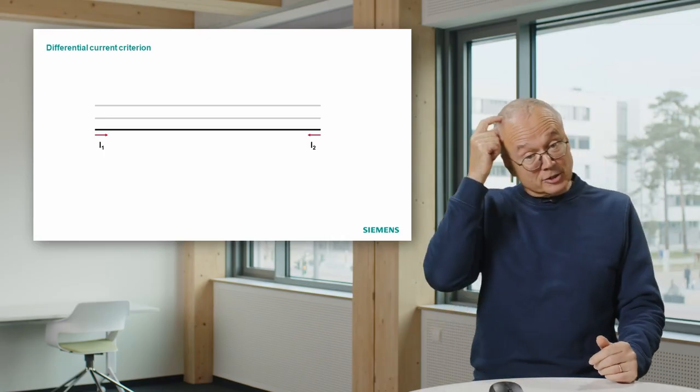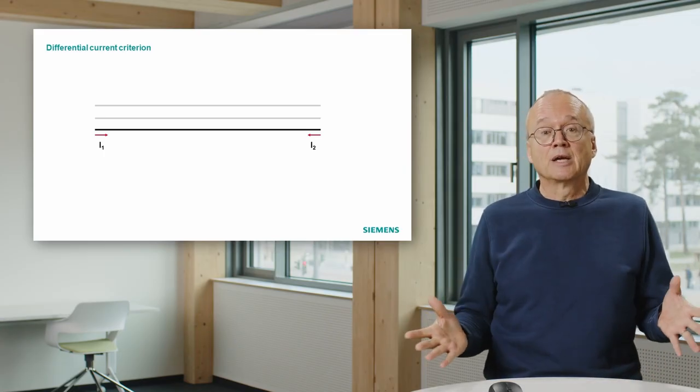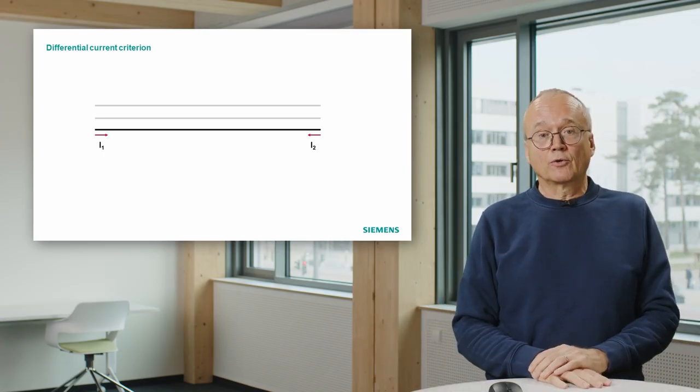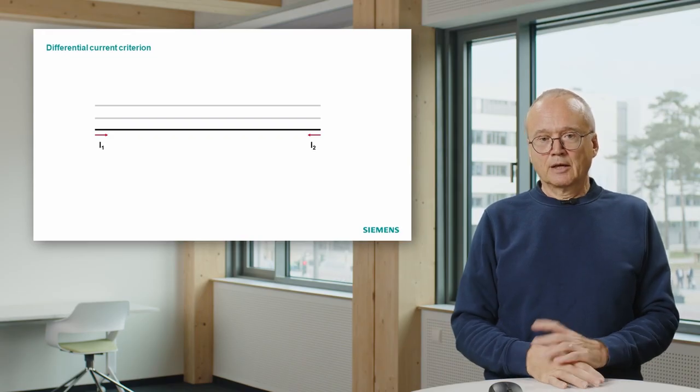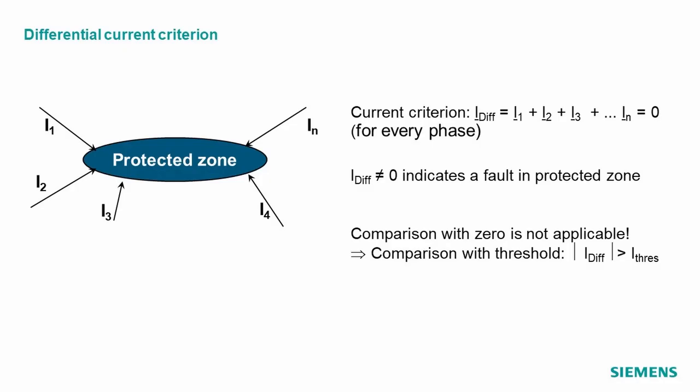In this case, I introduced it just for a single line with two measurements. You can also use it for a multi-terminal line because the principle remains the same. And that is indicated here. That means you draw a circle around the protected zone. The protected zone can be a line, a transformer, a bus bar.